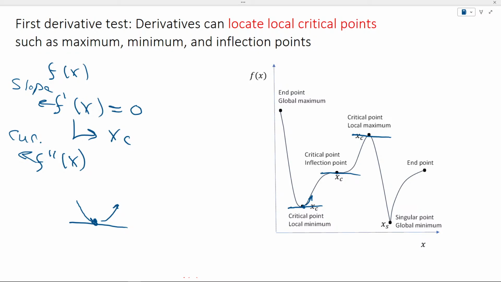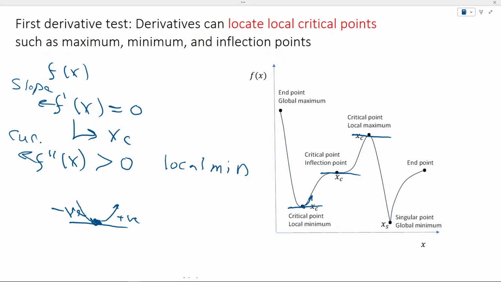So at the minimum, the slope here will be negative, and this is my critical point. Just to the right-hand side of this critical point, the slope will be positive and the function will go up. So if my second derivative is larger than 0, then this is a local minimum.